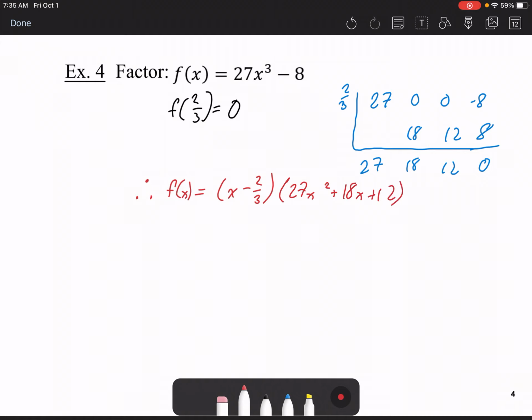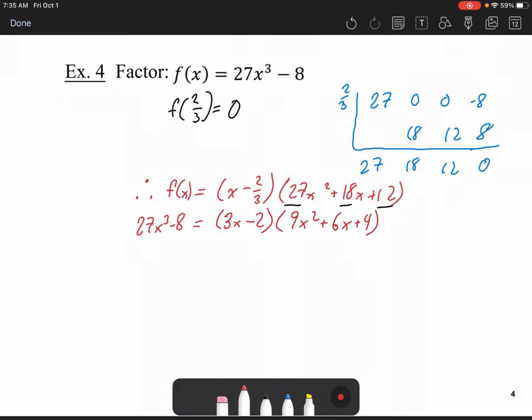Now, we don't typically write it this way, so what we're going to do is borrow a value of 3. As you can see, that's common between all these expressions, and multiply it to our first factor. So we get 3x minus 2, and we get 9x squared plus 6x plus 4.